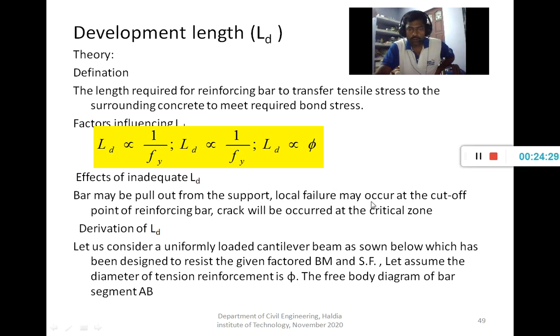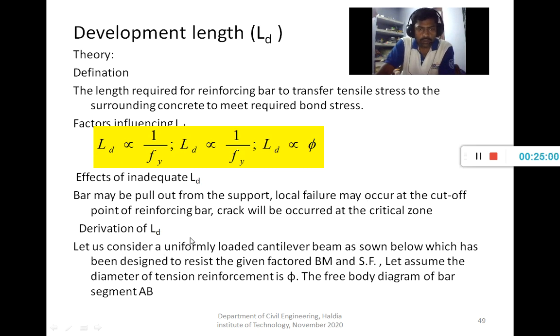At that point, if the development lengths are not adequate, then the local failure will occur. Cracks will occur at the critical zone. Critical zone means where the bending moment is maximum, where the bar is cut off. In that portion the local failure will occur.